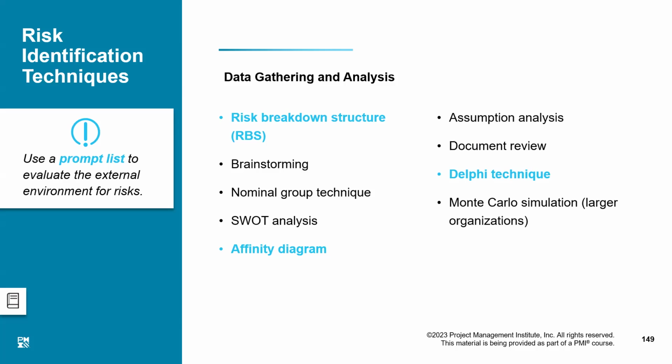So to encourage all ideas to come out in the open, we use the Delphi technique, by which we keep all the opinions anonymous. We don't share who gave the idea, but we put that idea in front of the whole audience, and then they can deliberate. In that way, no idea remains suppressed. Then we have Monte Carlo simulation, which I'll talk about later. It is not really associated with risk identification, but it is a technique for quantitative risk analysis.